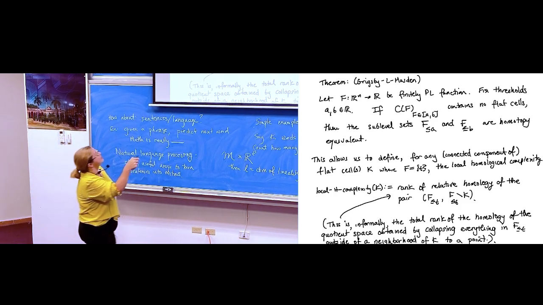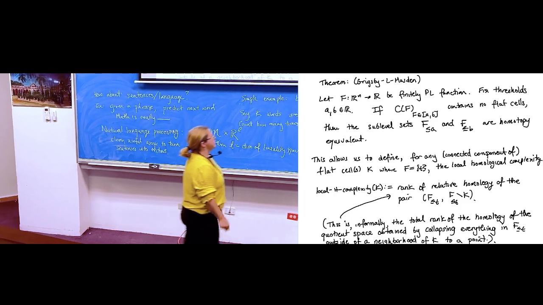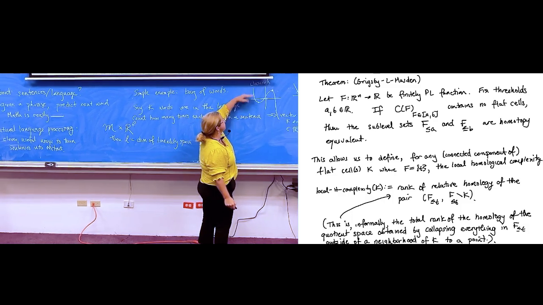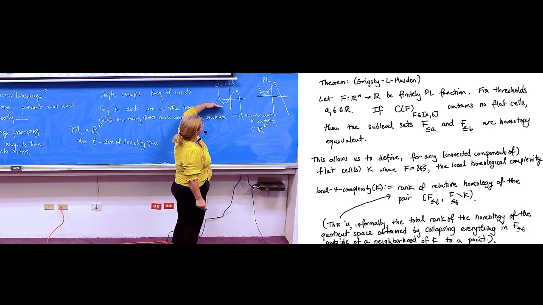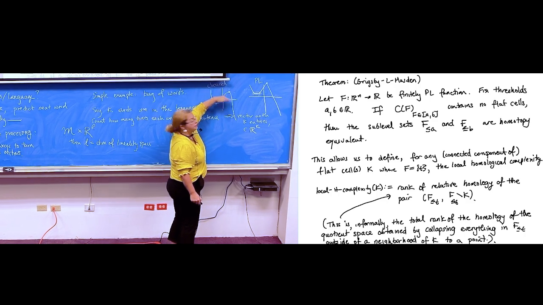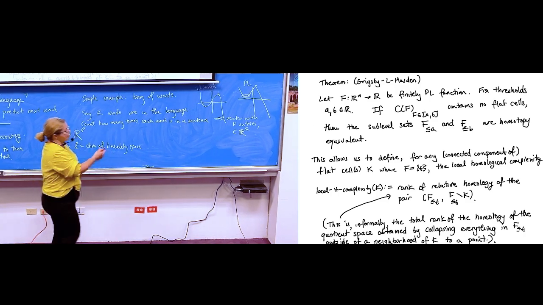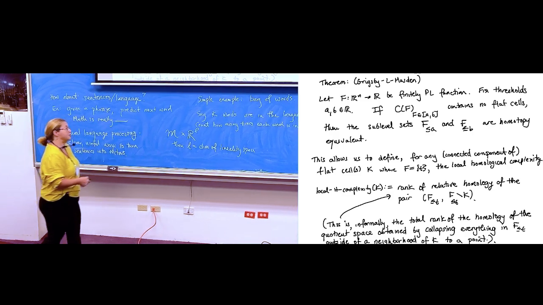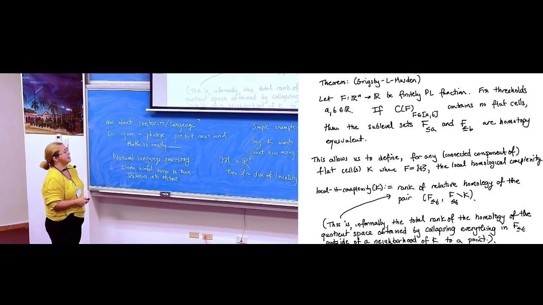This is just the statement in classical Morse theory that your topology can only change when you cross critical points. In the piecewise linear world, it can only change when you cross flat cells.